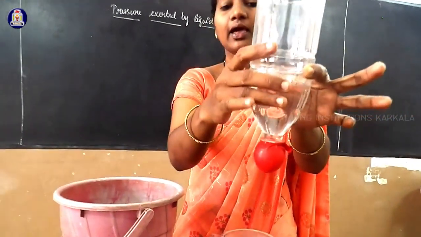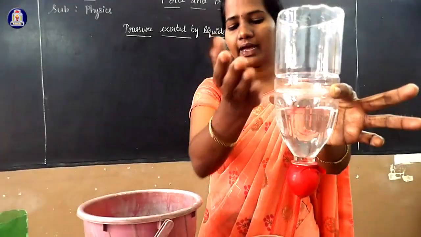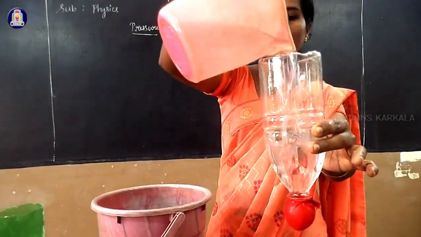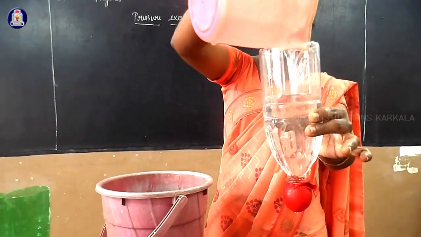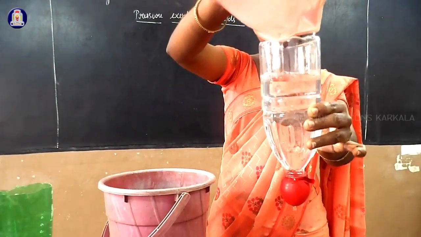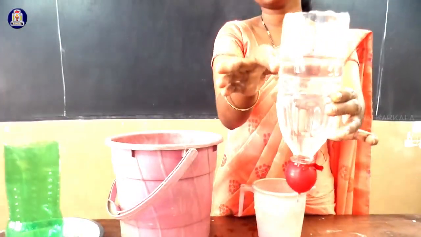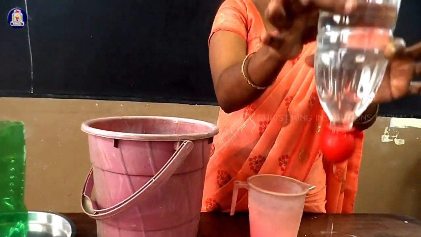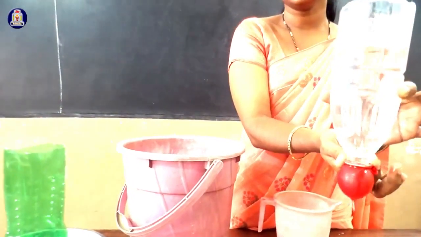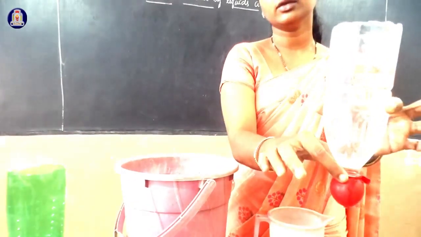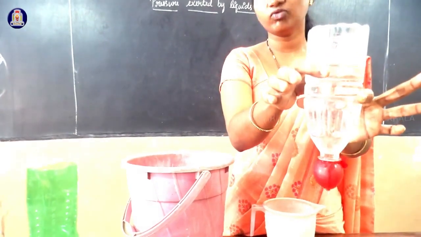Water exerts pressure at the bottom of the container, and it gets expanded more as the water column increases. So liquid exerts pressure at the bottom of the container, and the pressure depends on the column of water.